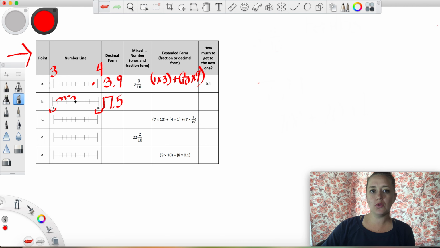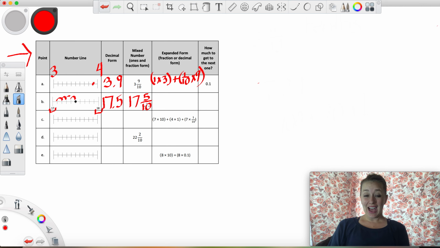Now, if I'm going to go forward, I want to show this is my decimal form, and this is my mixed number using fractions. So I could do the same thing, 17 wholes and 5/10, only I'm going to use it as a fraction, 5/10.